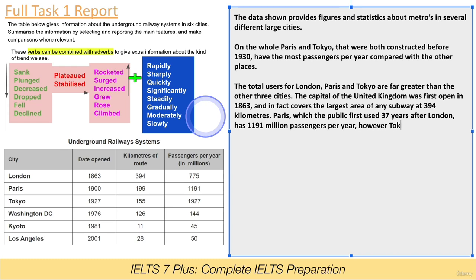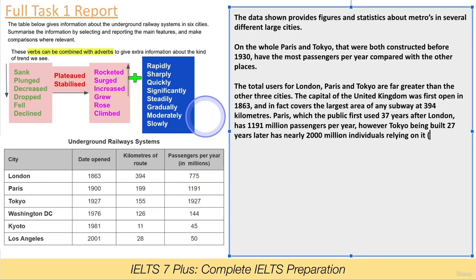However, Tokyo, being built 27 years later, has nearly 2,000 million individuals relying on it.